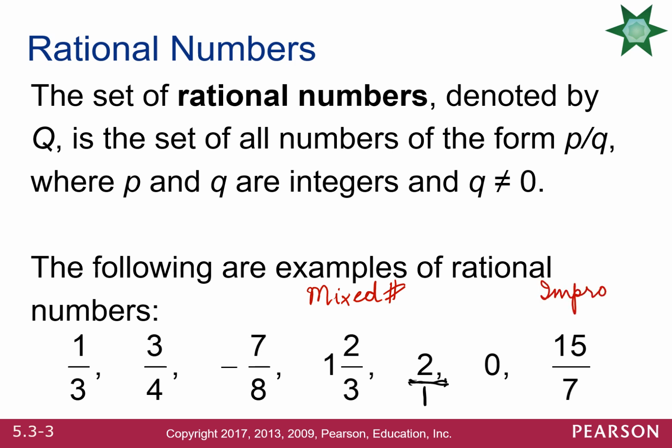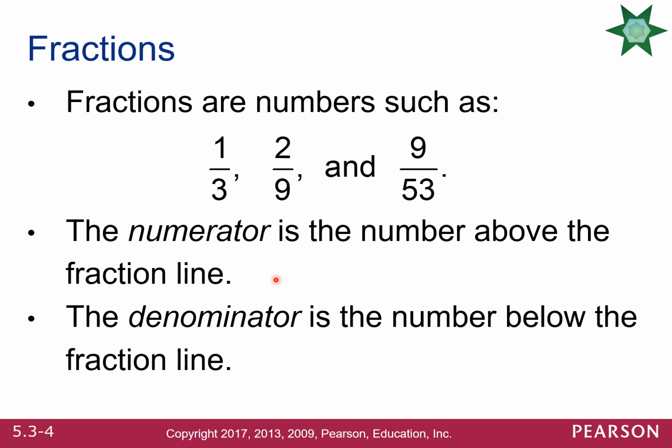We'll look more into examples of mixed and improper fractions. So here are some of the examples related to the definition of a rational number. Now let's look into fractions in particular.